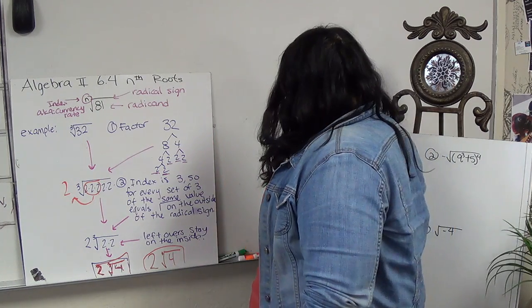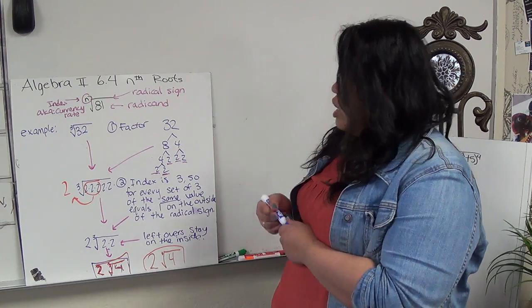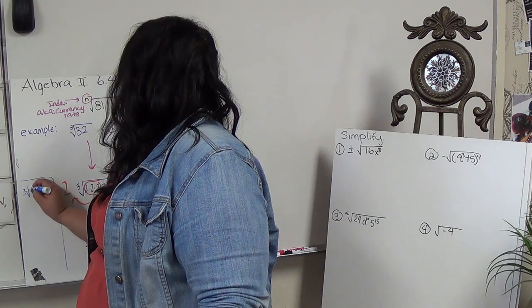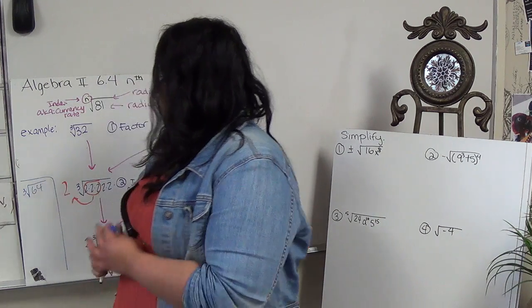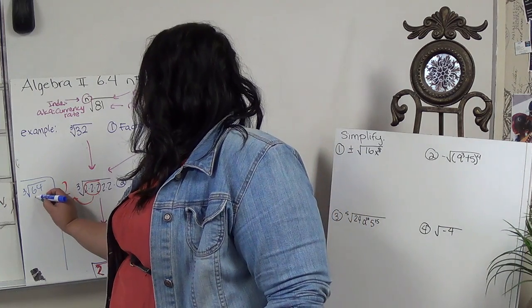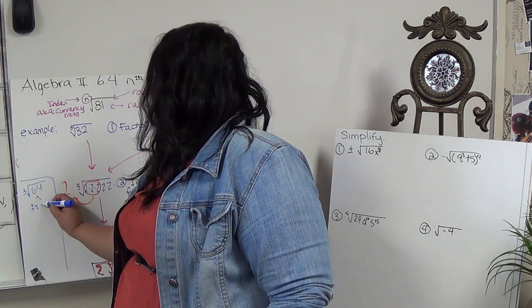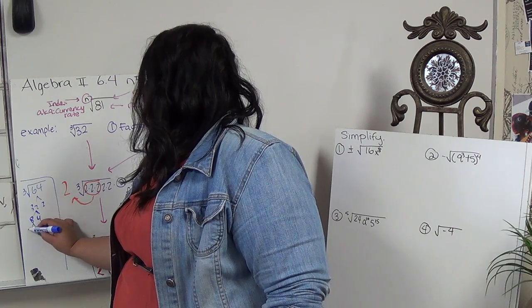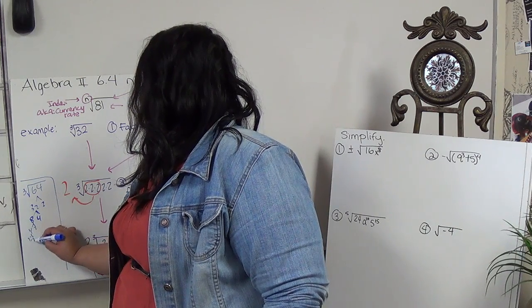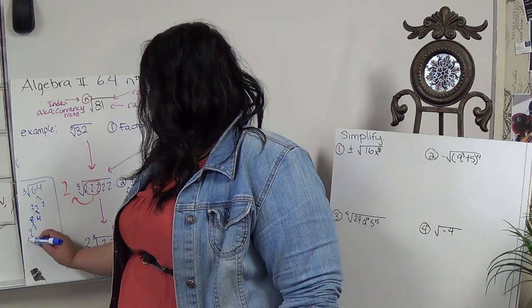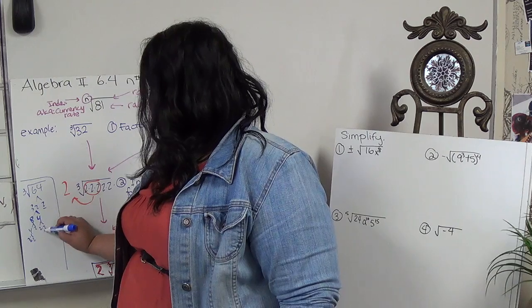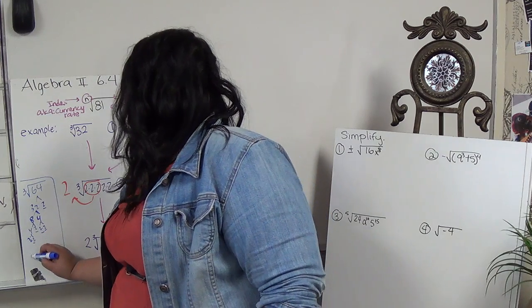Now, let's say I had another 2 in there. Let's say I was doing the cube root of 64. Well, this 64 is 32 times 2, which is 8 times 4, which is 4 times 2, which is 2 times 2. And this is 2 times 2. So that's 1, 2, 3, 4, 5, 6 2s.